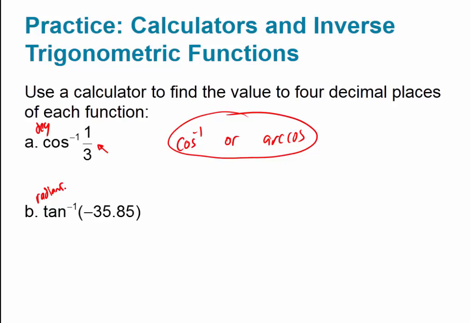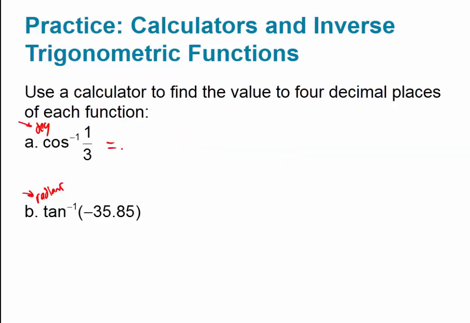Depending on your calculator, you're either going to enter the value, then take the inverse cosine of it, or enter the inverse cosine, then put the value in. Try it both ways. One way will work, one way won't. So go ahead, pause your video player now, and let's answer the first one in degrees, the second one in radians. Okay, let's take a look. On my scientific calculator, I'm going to take 1/3, 1 divided by 3, and make sure I hit equals on there.